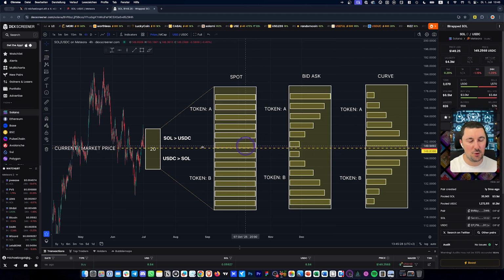Or for tokens that go sideways, then you can catch it with the most amount of liquidity, where you're not expecting a lot of movement up or down.